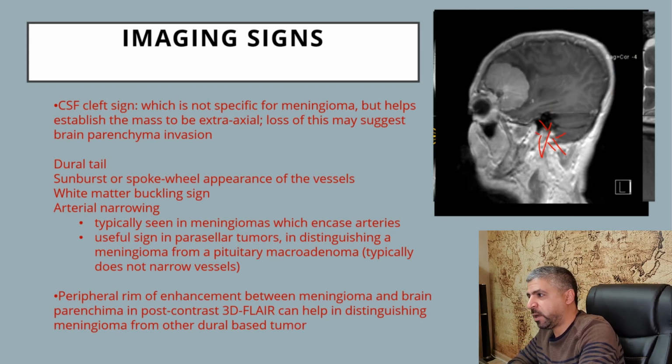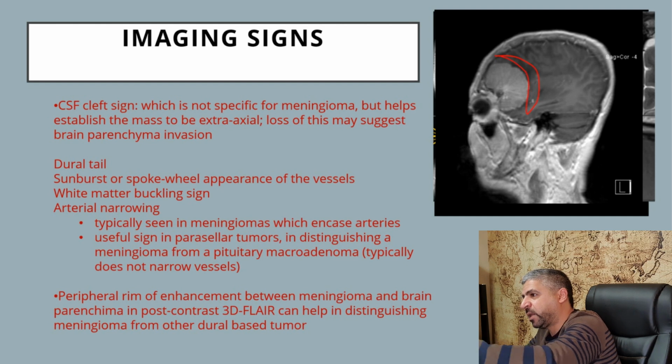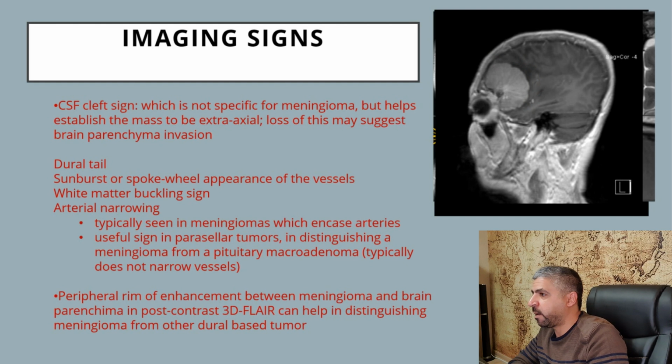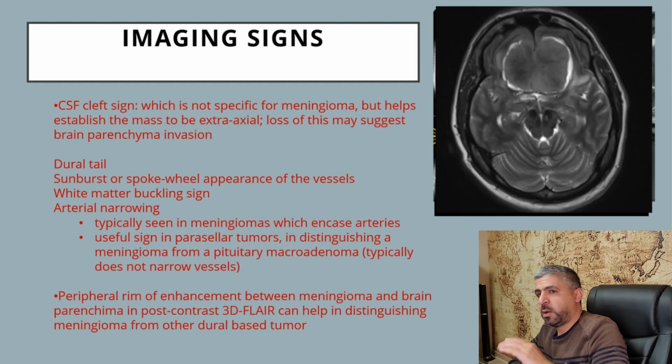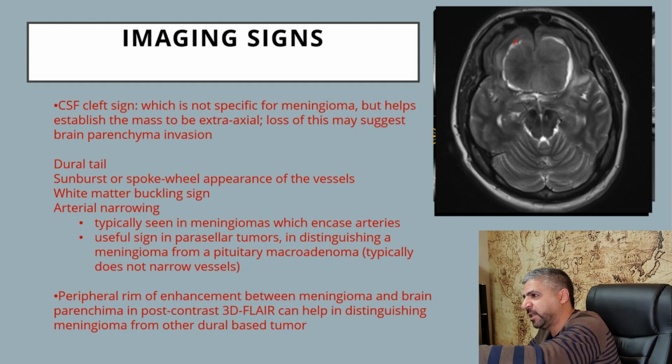Now, let's look at this one. It has a very well seen sunburst or spoke wheel appearance, and if you look carefully, there is also the white matter buckling sign. The white matter is buckled underneath the lesion. Another example, which has all kinds of findings here. You can see the CSF cleft sign, very clearly demonstrated.